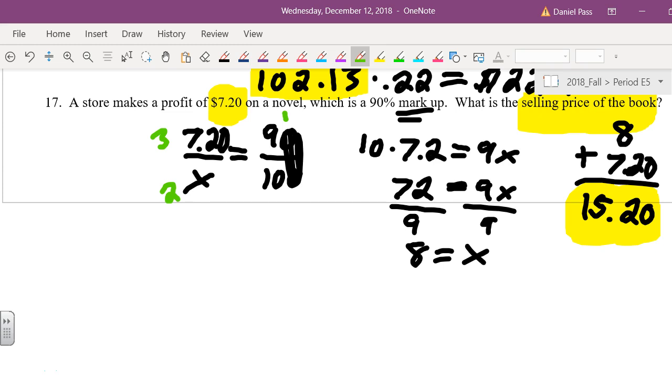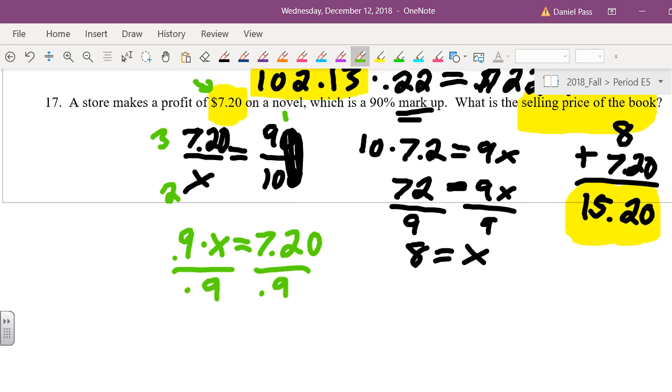So is that what you had? 0.9 times x equals 7.20. Right. And so for me, it's not as confusing because I know the final answer is 7.20. I always put that here. Okay. Divide both sides by 0.9. And on a calculator, that's going to give you the same answer. 8.